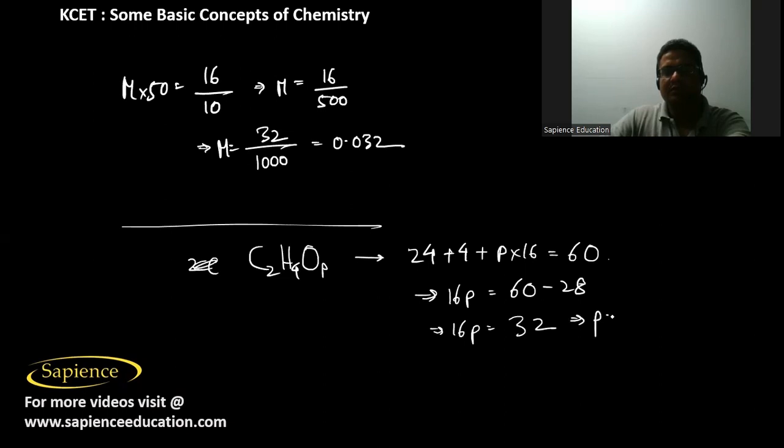So P will be equal to 2. So it should be C2H4O2. So by using the molar mass also we can find out the number of oxygen atoms in one molecule of that organic compound.